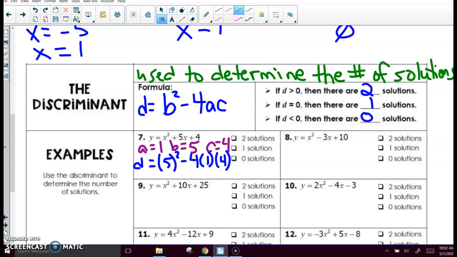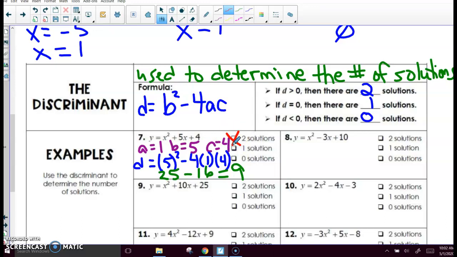Order of operations, 5 squared is 25. And then I'm going to subtract 4 times 1 times 4, which is 16. 25 subtract 16 is 9. Because 9 is greater than 0, that means that there are 2 solutions.